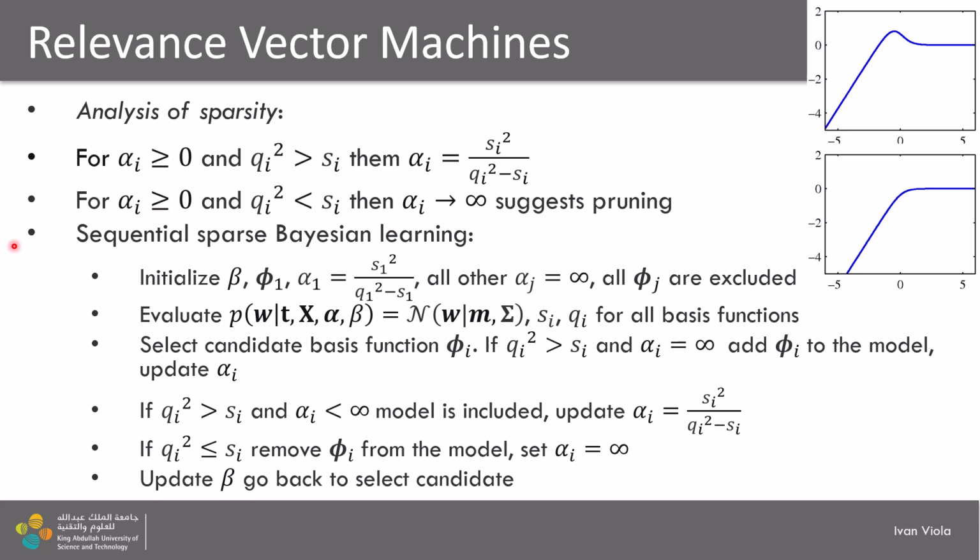So finally, we can recapitulate that this can be organized into an algorithm for sparse Bayesian learning using these relevance vector machines, where we first initialize the beta, and then we take one of the basis functions and calculate our alpha for this basis function, and also all other alpha j's are infinity because all other basis functions are excluded.